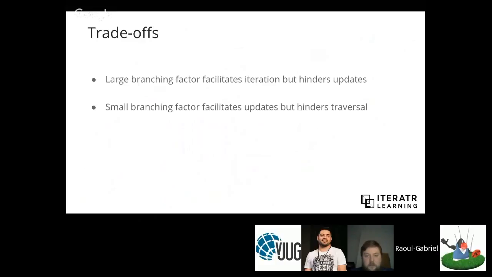However, it really hinders the traversal because the depth of the tree becomes larger. And to locate a specific element, we need to traverse this whole tree. So that's the trade-off. The magic number that different implementations of this bitmap vector trie use is 32. That lets you store a significant number of elements and also provides a good trade-off between iteration and copying required.